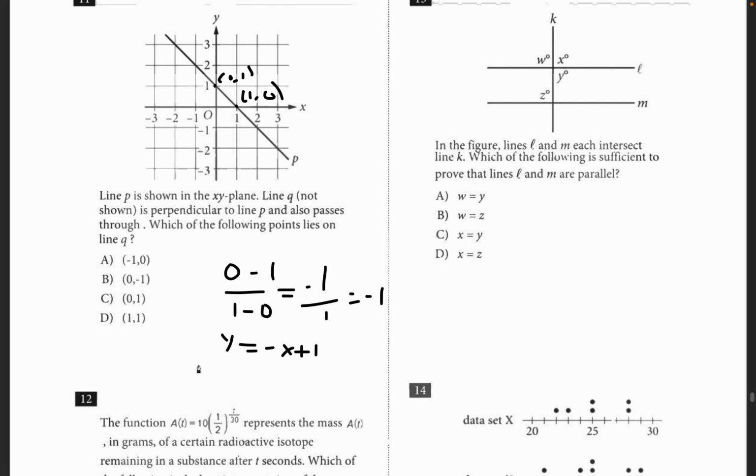And now the perpendicular, line Q, will have the opposite reciprocal. So take the reciprocal of negative 1 over 1 and change the sign. That will be 1, so it'll be a slope of 1. Y is equal to x. But then what will the y-intercept be? Let me think. Could we plug in which of the 5 points lies on line Q?